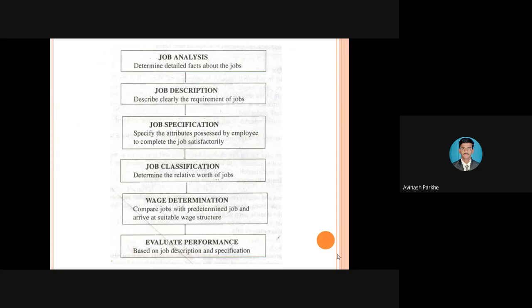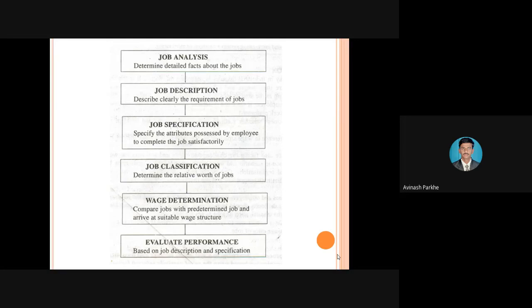I have represented this job evaluation procedure in a block diagram. The basic title is written, and at the bottom the explanation of that step is given in one sentence. For example, job analysis determines the detailed facts. Job description describes the clear requirements of the job.